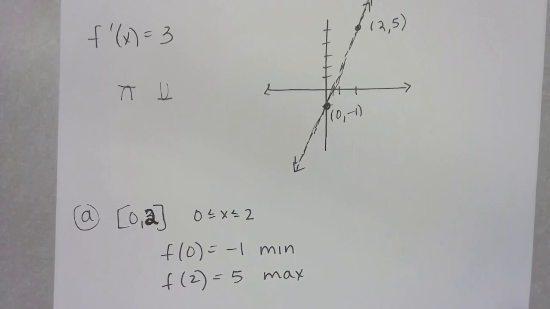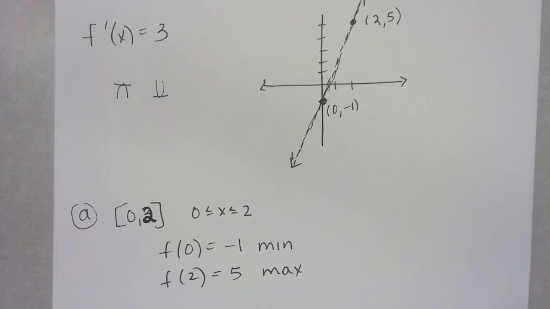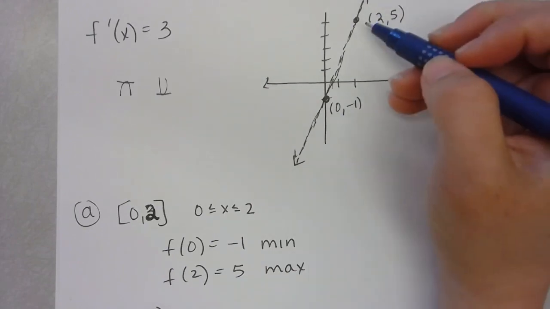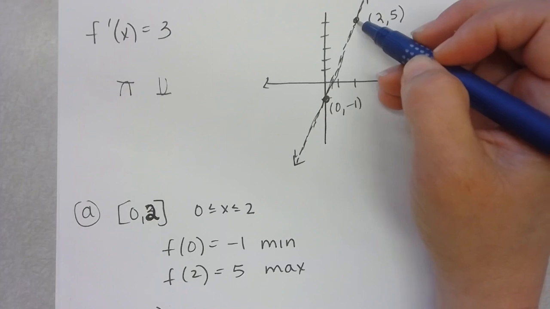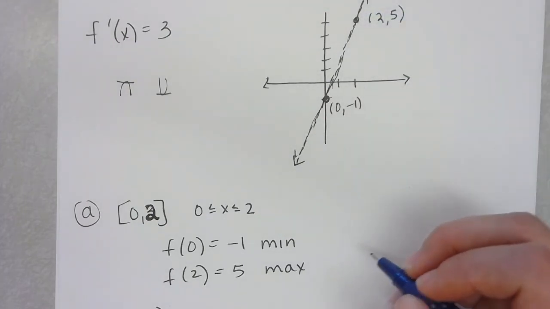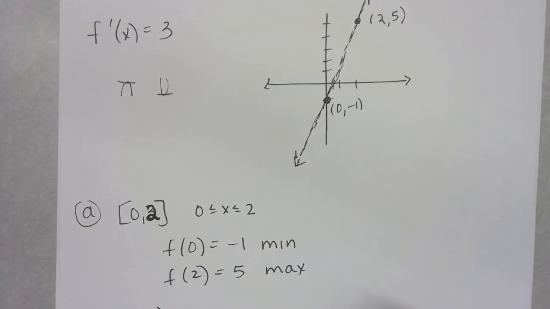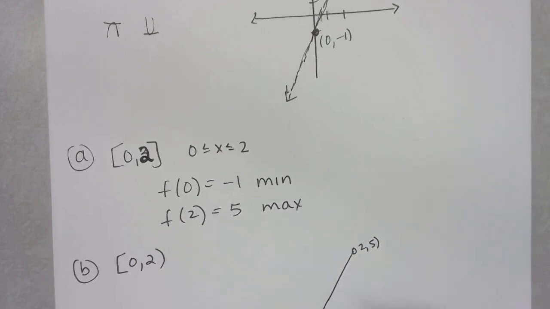Now this next one, getting you a little used to interval notation, means I'm including the 0 but not including the 2. So the point up here is really not filled in. My picture looks like this: this one down here is filled in, it's (0, -1), and up here I have the point (2, 5), just a little snapshot of it.